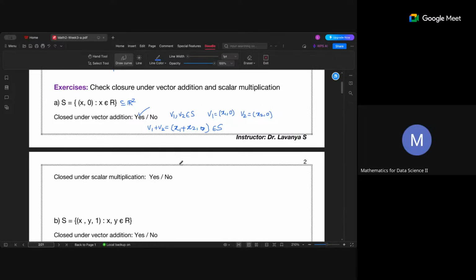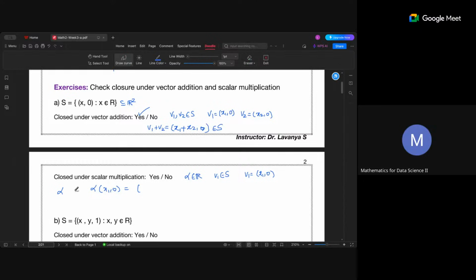For that, what do we need to do? We should pick a scalar and a vector in S. Now we want to see what happens to alpha times V1. So V1 is already x1 comma 0. What happens to alpha times x1 comma 0?